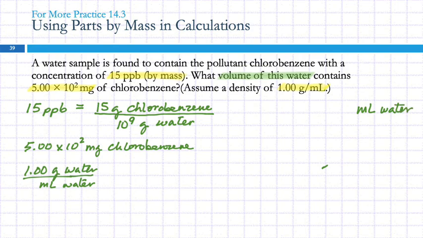And then what we have to ask ourselves is, well, which of these things am I supposed to start with? Which one doesn't look like a conversion factor? This one, right? That can't be used to convert anything. That's just a mass of chlorobenzene. So that's what we're going to start with.